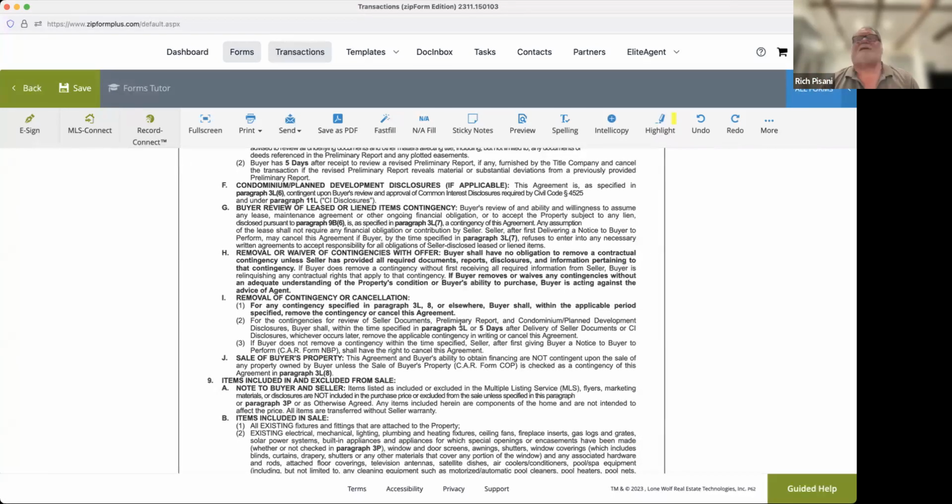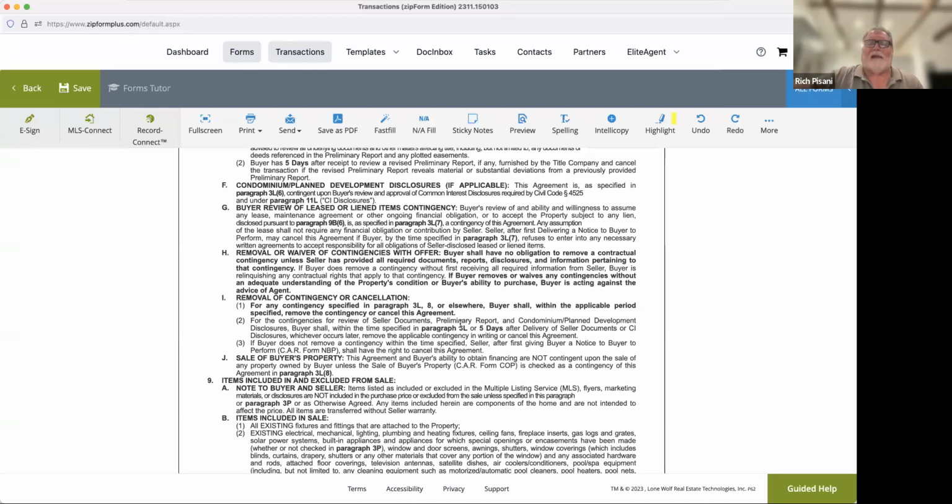So if the seller hasn't provided their disclosures, TDS especially, because it's required by law, and the listing agent is saying you have to remove your contingency for seller's documents, it's like, well, you need to give us the documents before we can remove it. It's in the contract, so that's important.